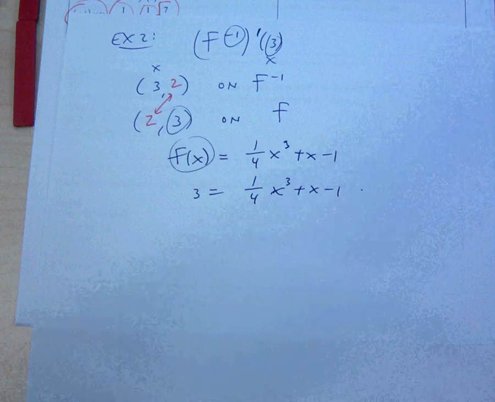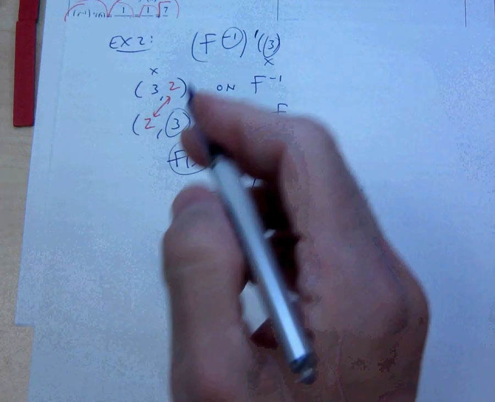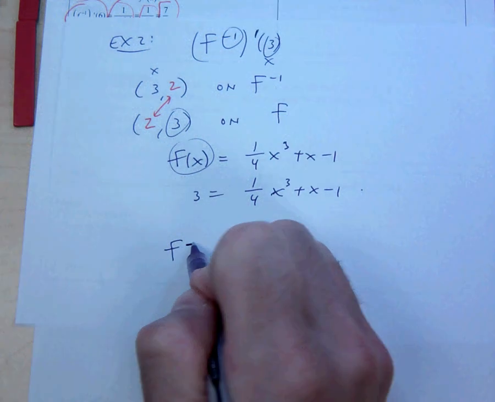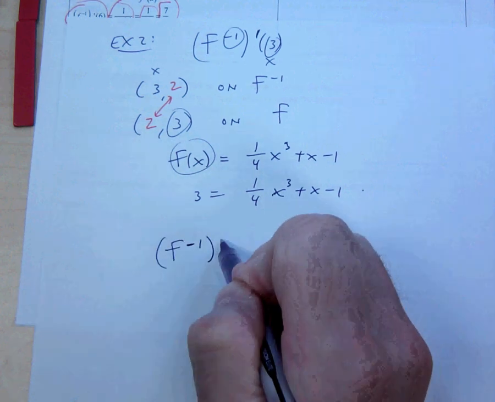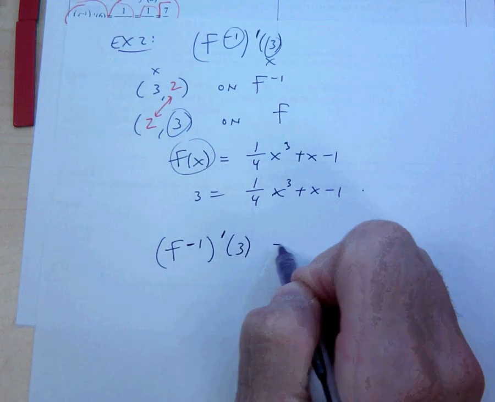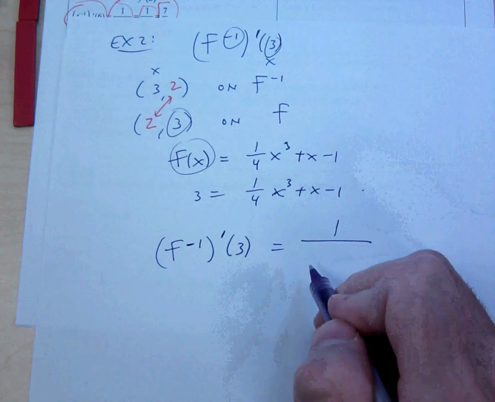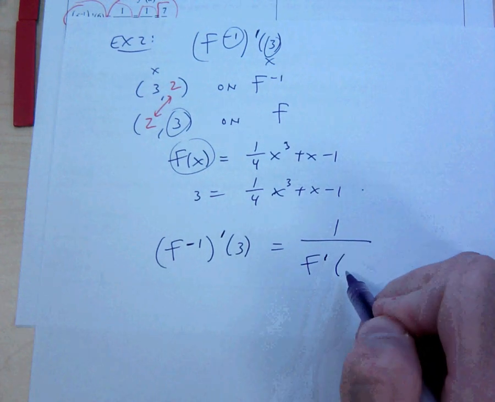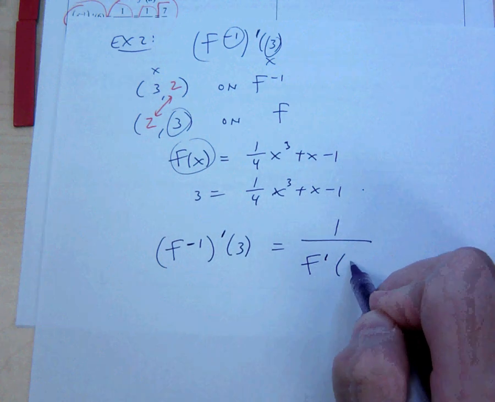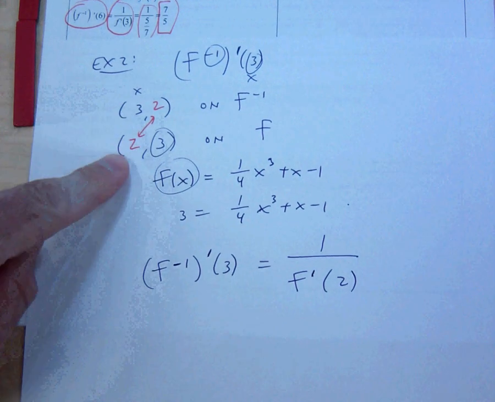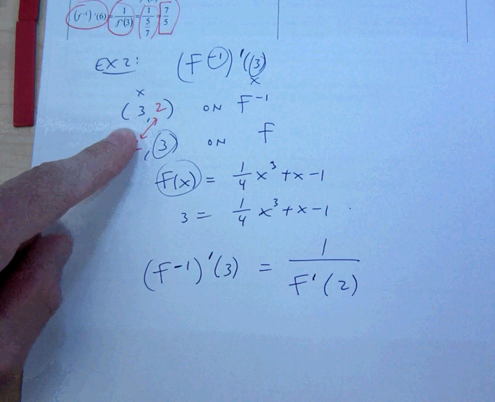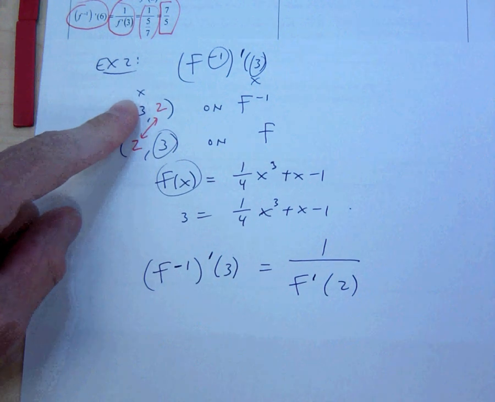Okay, now, according to what I just went over a few minutes ago, to find f inverse prime of 3, wouldn't we take the reciprocal, in other words, 1 over f prime of what? f prime of 2, right? The slopes at these two points are flipped, right? Makes sense? Any questions so far?